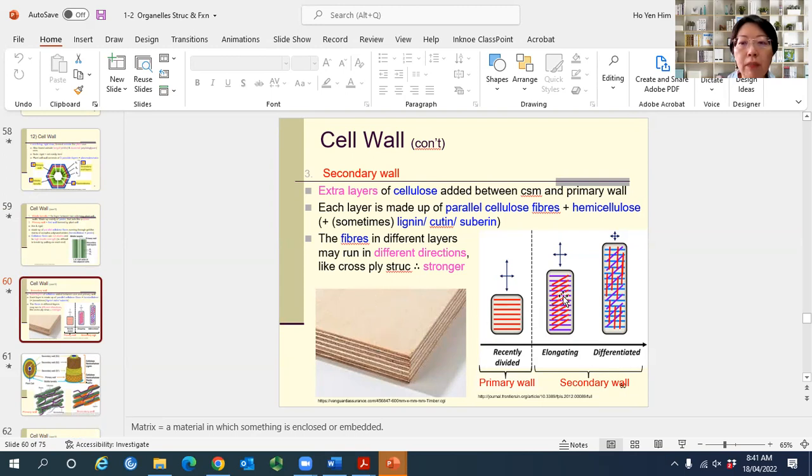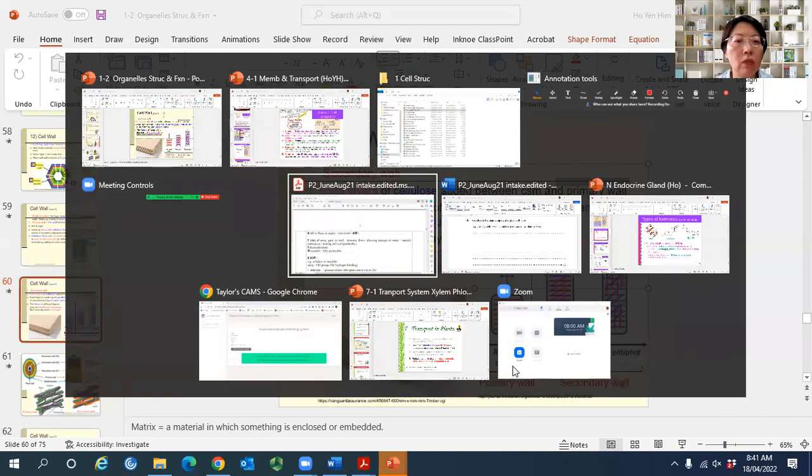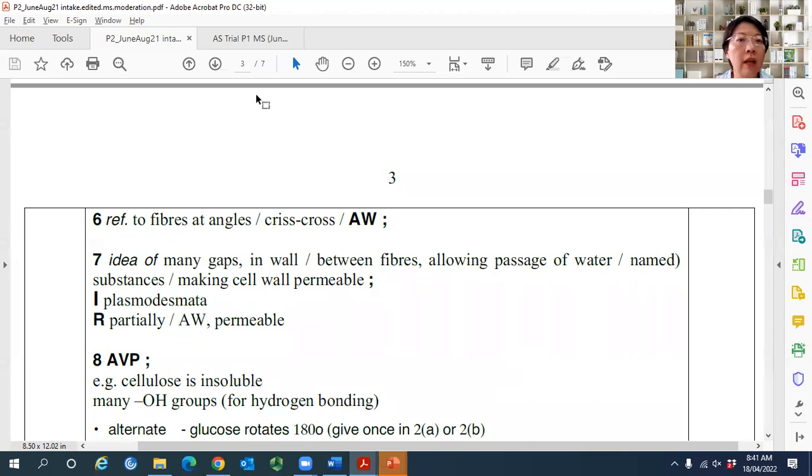In the next layer they are parallel, but at a different angle to the first layer. Because the cellulose fibers are at different angles, it becomes stronger. The fibers run in different directions, like a cross-ply structure, therefore it's stronger. So this is a marking point: fibers are at angles or crisscross.